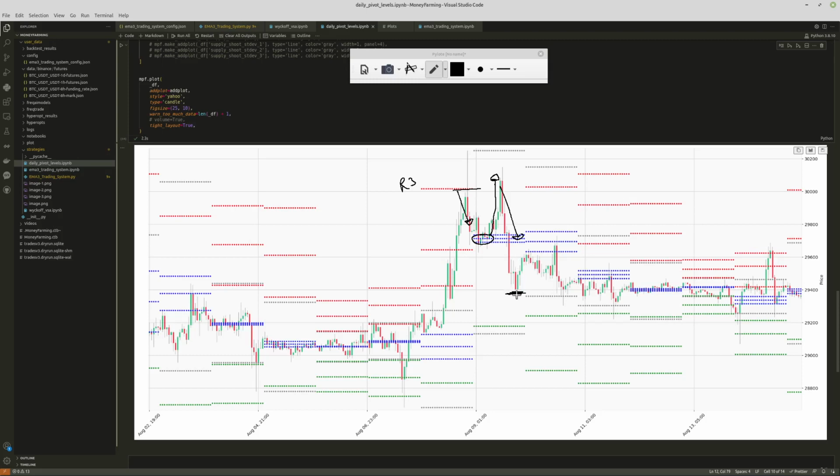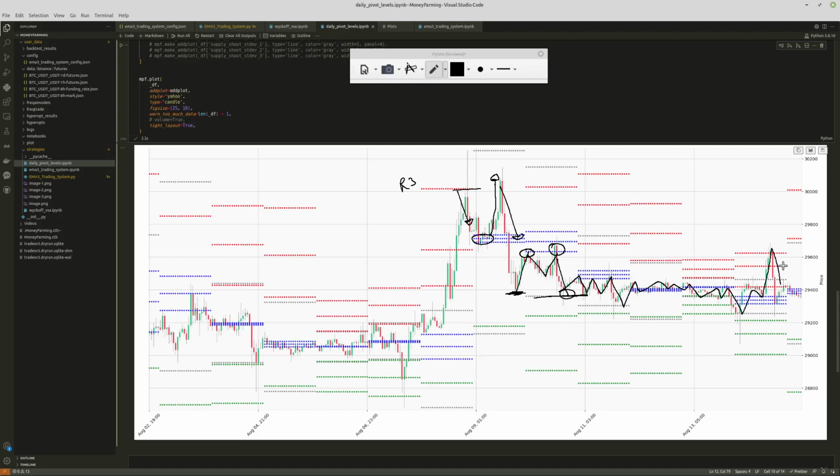It went there, came back to the pivot level, and then came down here. So first it came down and then tested the pivot and then came down to the previous day low. So see, this is how the market is reacting.